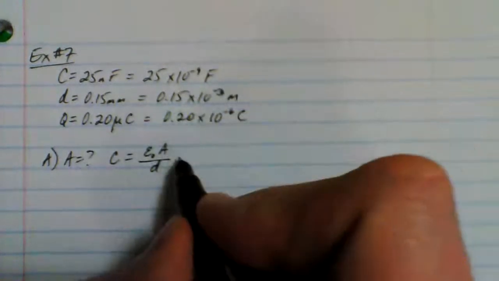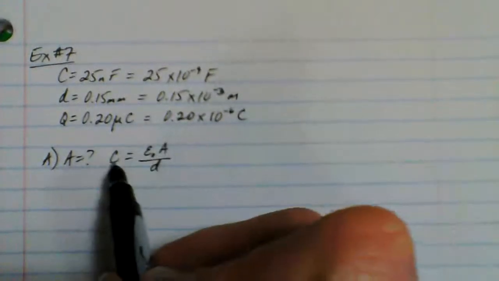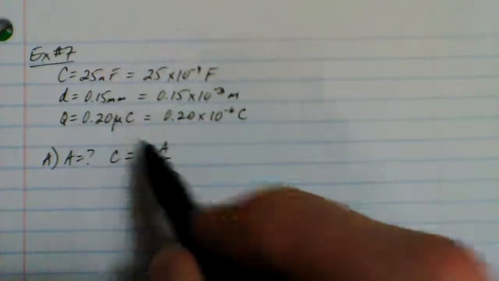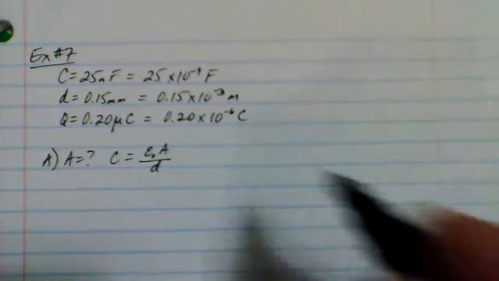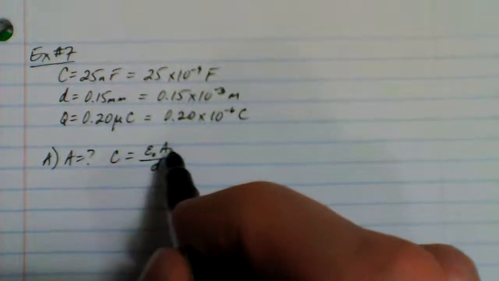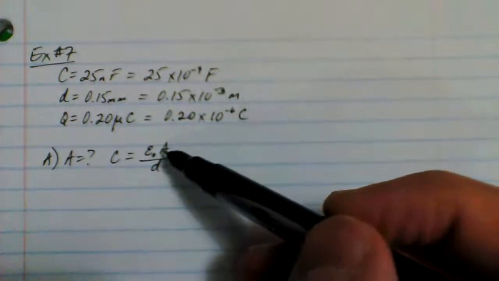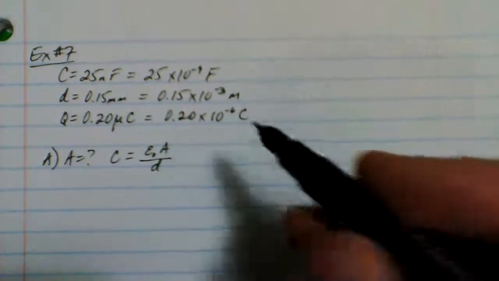The reason we use this equation is because we have capacitance. We are not given sigma naught in this, but we know that the permittivity is 8.85 times 10 to the negative 12th, and so on. So we're going to plug that in here because that's always what that is. And then we are looking for the area, and we have the distance.